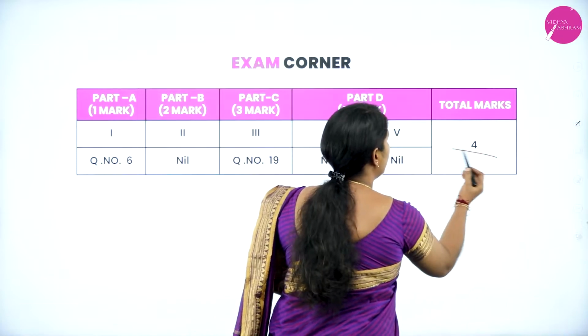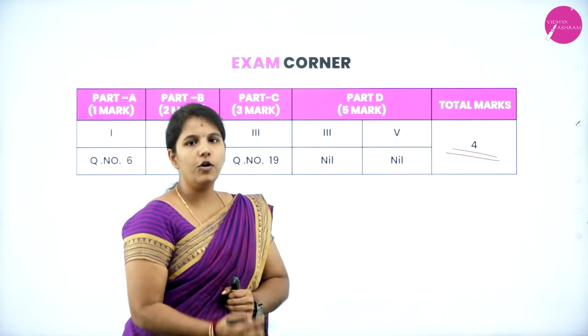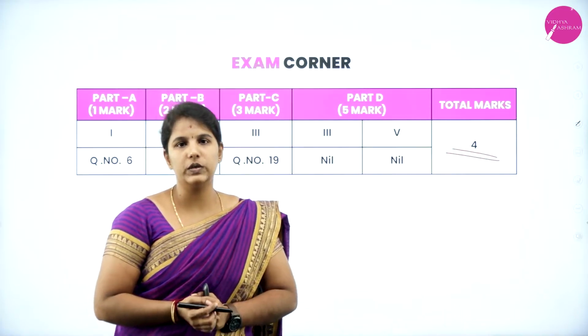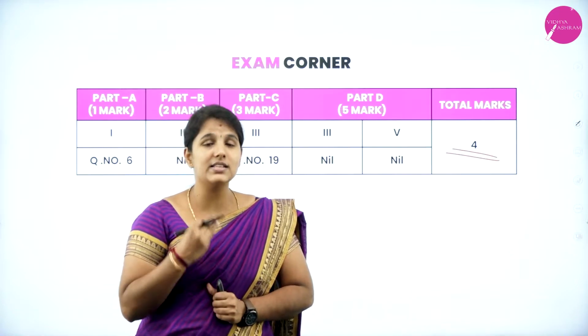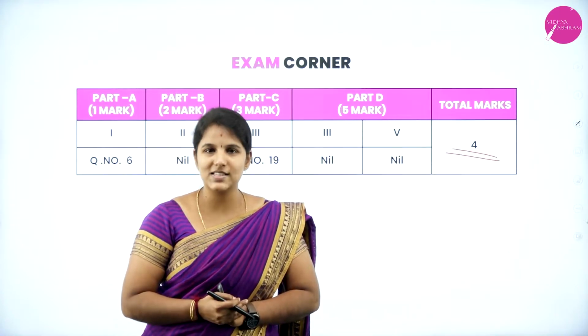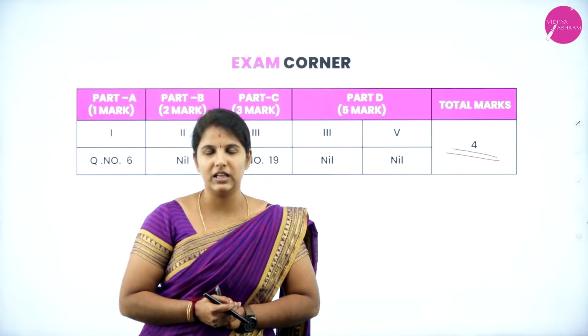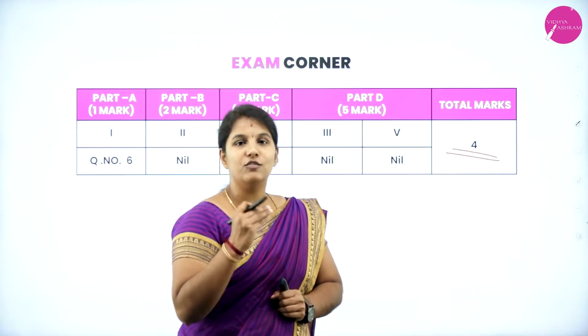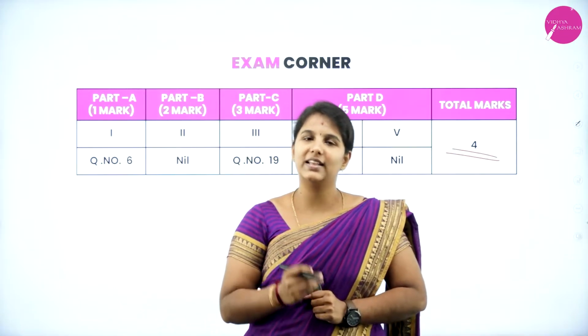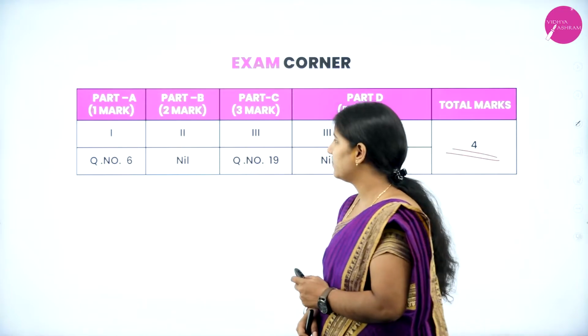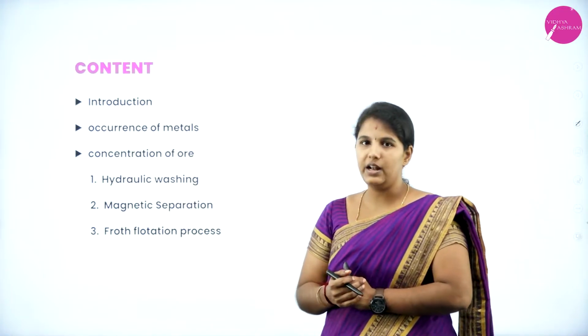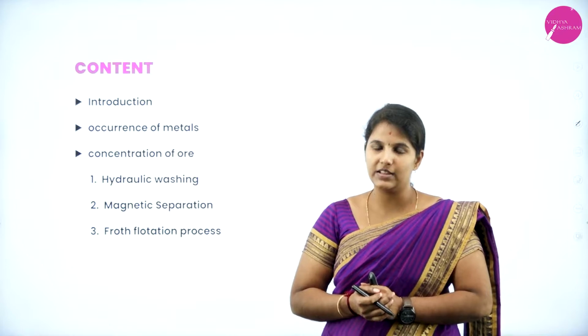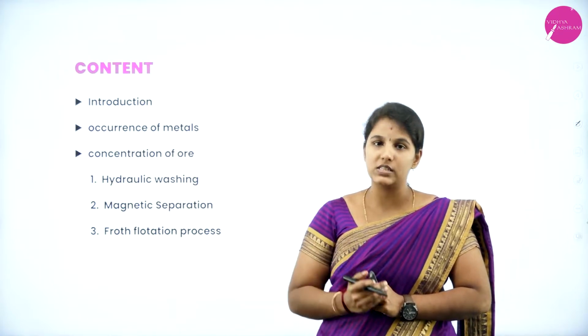So totally we can expect 4 marks from this unit, and it is one of the easiest units in your second PUC chemistry. Now let's see what we are going to discuss in this session. In this session, we are going to discuss the introductory part of this unit.